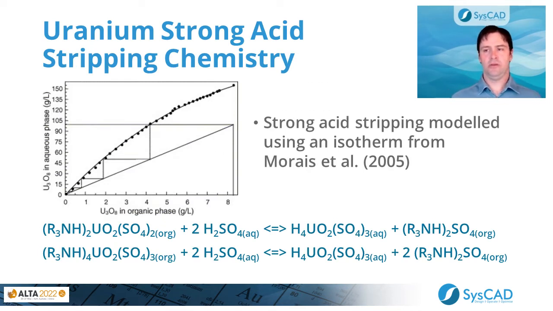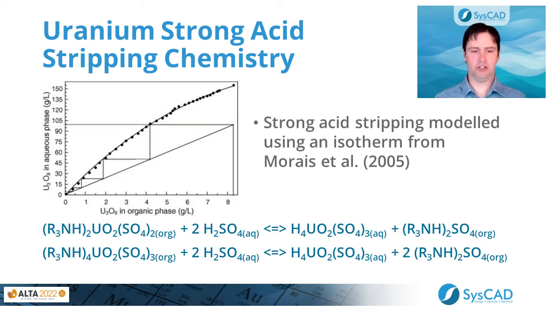Now, for strong acid stripping, the model that we used, strong acid stripping was outside of the limits of concentration for the model. So for this particular model, we used an isotherm. So we used a literature isotherm published by Moraes et al. in 2005. And this particular reaction strips the organic salt by forming an acid uranyl sulfate complex in solution.